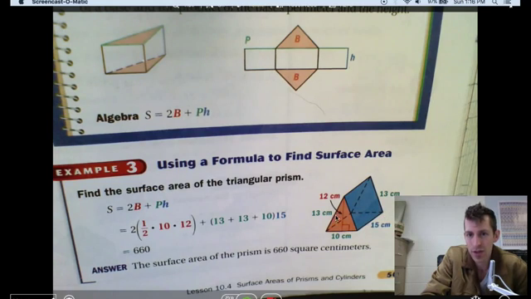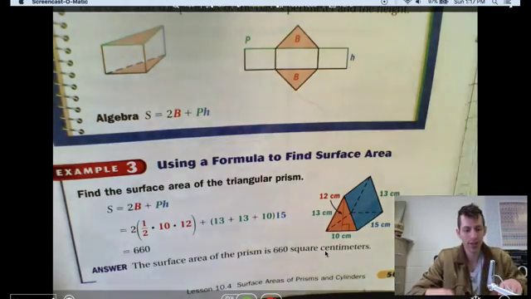Because if you stood this triangular prism up on end, 15 would be the height. 15 is the distance from one base, the triangle, to the other base, the other triangle on the back side there. Plug all those numbers in, crunch the numbers, boom, 660 centimeters squared, or square centimeters, because this is surface area, so it's measured in square units.